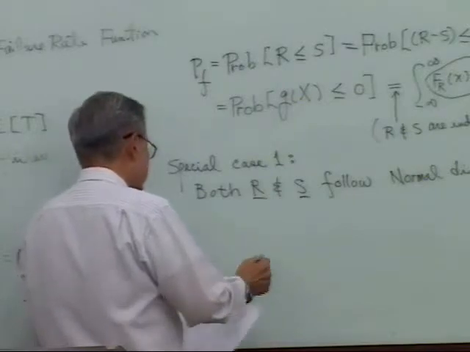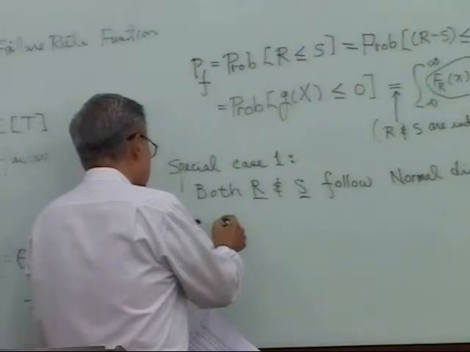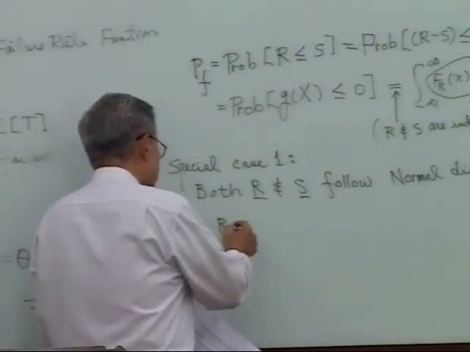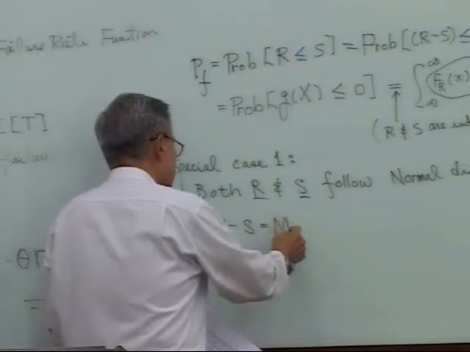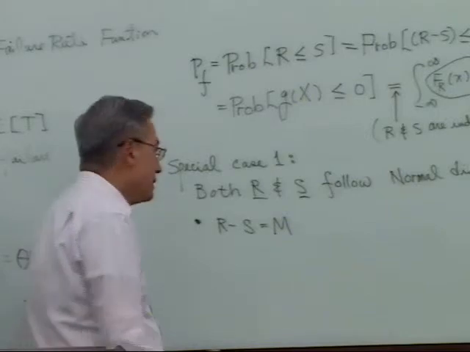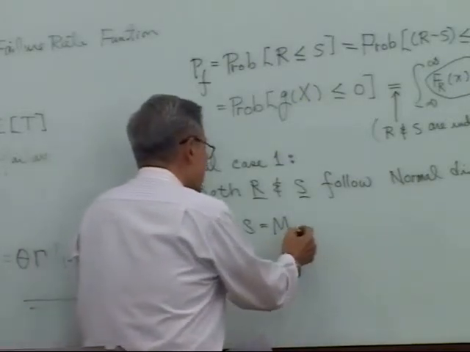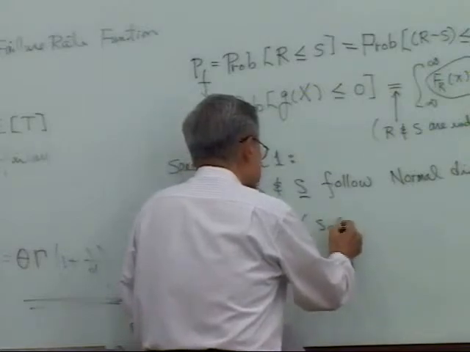And let's say R minus S, I'm going to call this M. Very typical notation for M. M is called the safety margin.